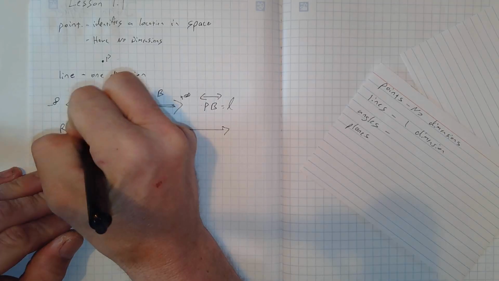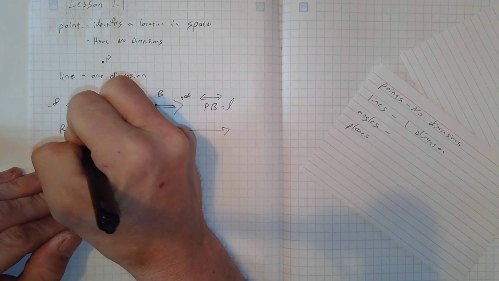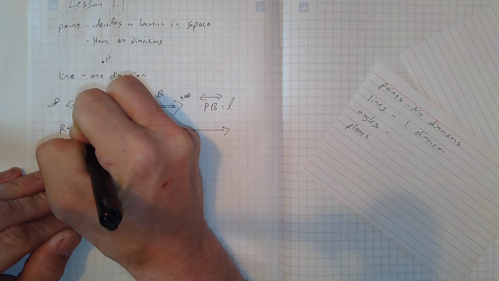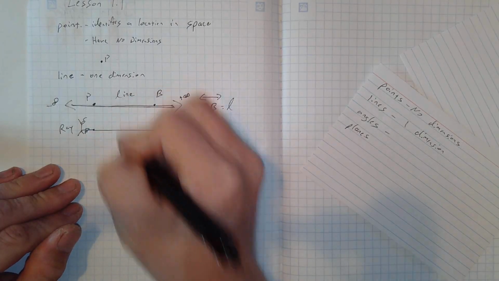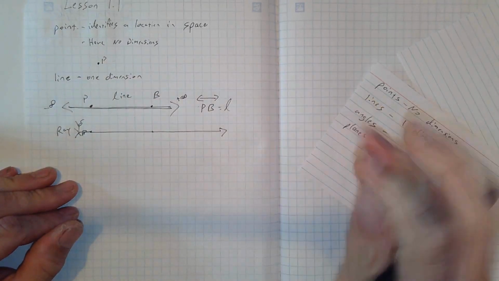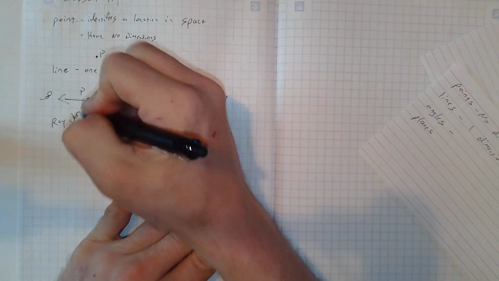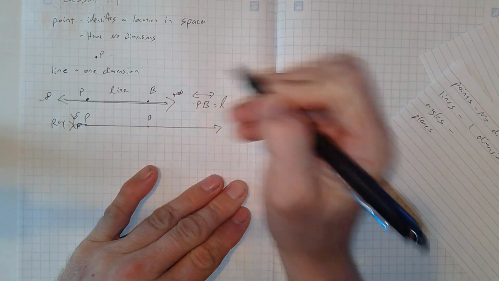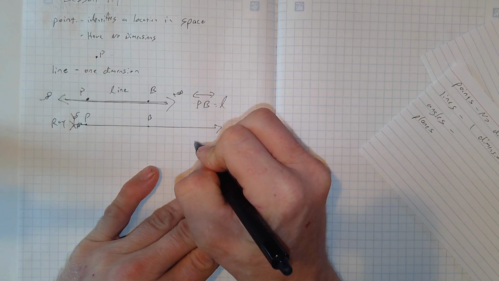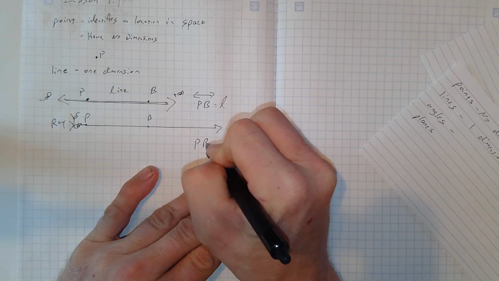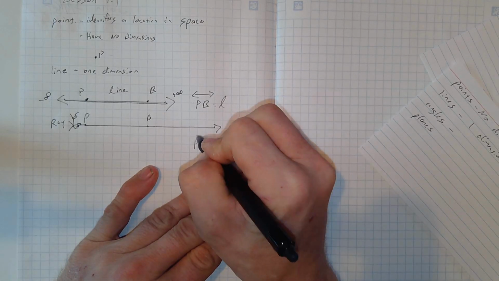Think about it like a little Martian with a little ray gun. That's my ray gun, that's a ray, and that's my Martian. This is point P, and this is point B. This is ray PB, and I identify that it's a ray.